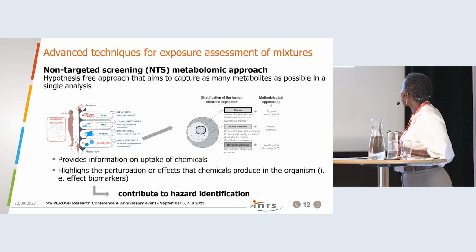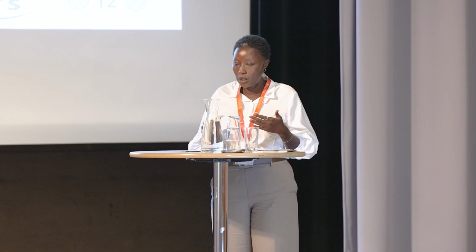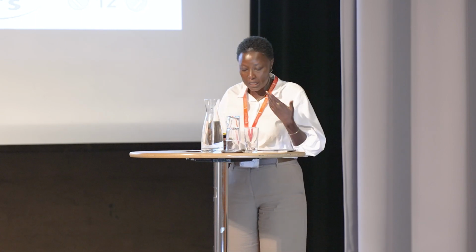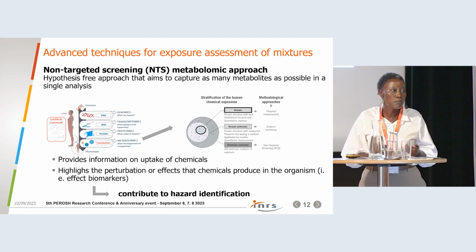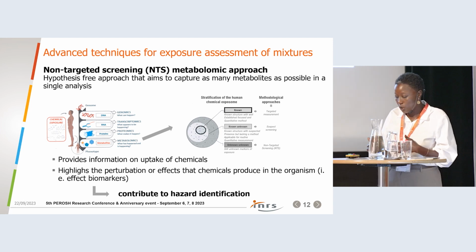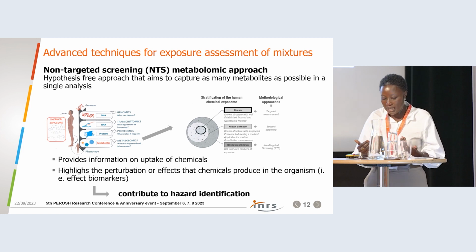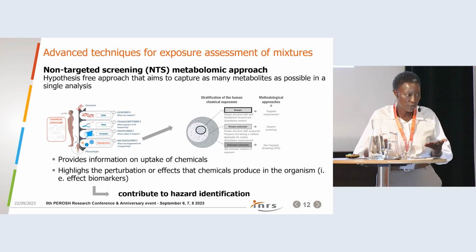this method will provide what is called a fingerprint of the whole set of metabolites in the biological sample. The fingerprint will include most known substances, of course, but mostly unknown substances. Those metabolites can be exposure biomarkers, and in that case these metabolomics techniques will provide information on the uptake of chemicals.